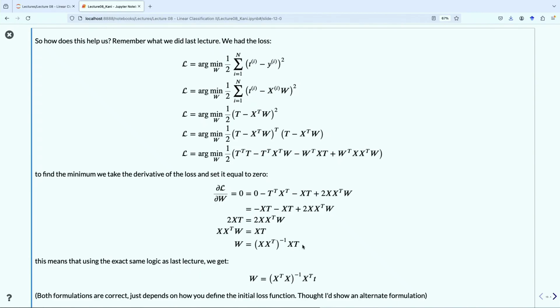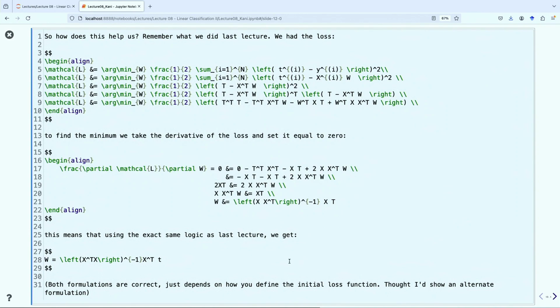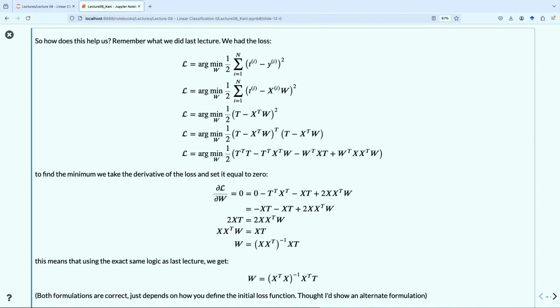Okay? And this is actually slightly different than the formulation we got last lecture. Namely, last lecture we said x transpose times x to the negative 1 times x transpose times t. And so it is different, but it's also pretty much the same because the x transposes are just flipped around. And flipping them around and doing this consistently gives you the same value.